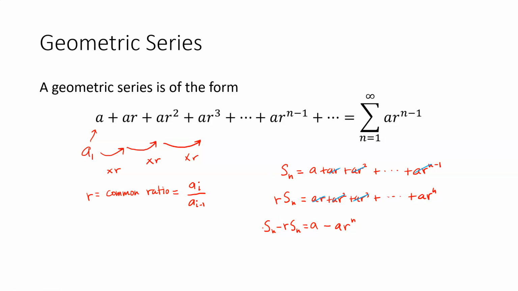Now, if I were to try and isolate S_n in the equation, then I get my formula for S_n. So here I'll factor it out. S_n times (1 minus r) equals a times (1 minus r^n), and then dividing by 1 minus r, I get my formula for the nth partial sum of a geometric series.